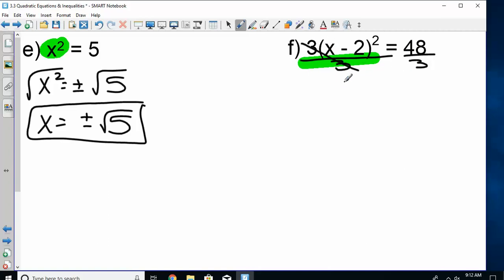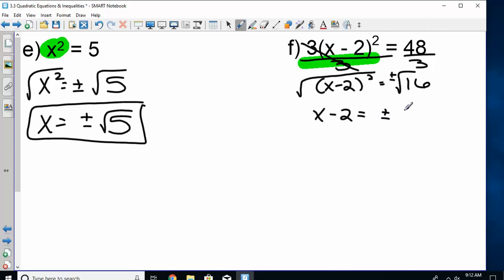So those drop, so I get x minus 2 squared equals 16. And then what would we do? You take the square root to get rid of your 2 power. Yes. There's only an x in one place, so we can just solve for it. So if I square root, when you add a square root, you need plus and minus. So we get x minus 2 equals plus and minus the square root of 16 is 4.